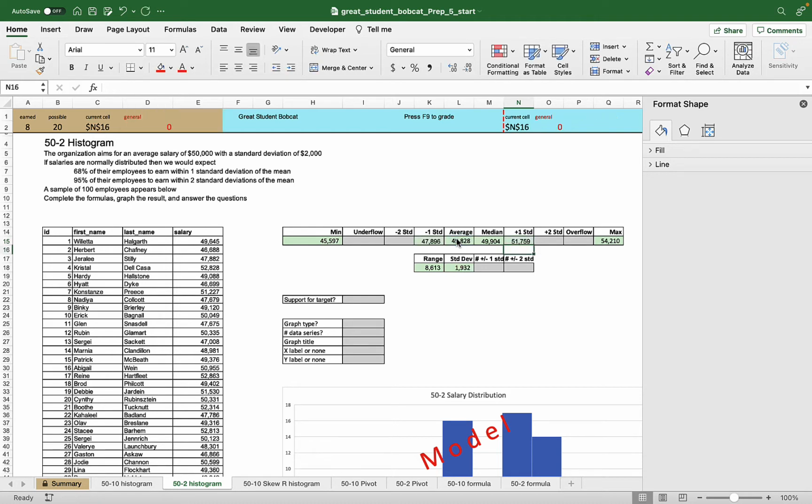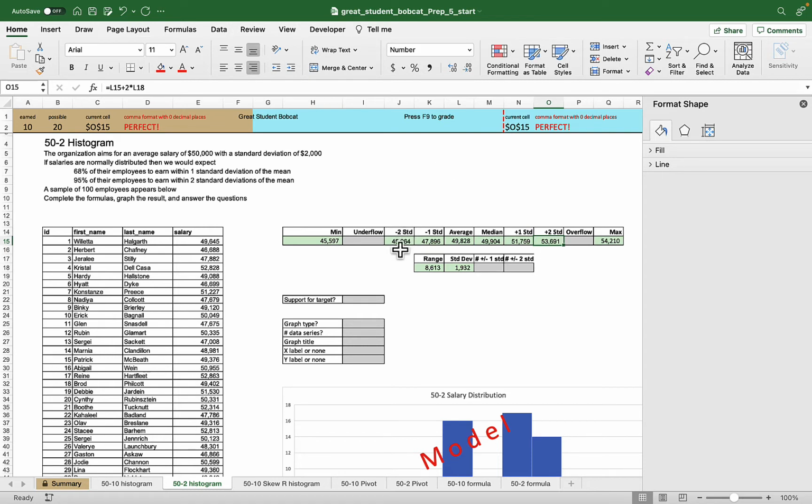Great. Okay, and then two standard deviations would be equal to that minus 2 times the standard deviation. Format. That equals the average plus 2 times standard deviation. Format. Great, everything. Okay.